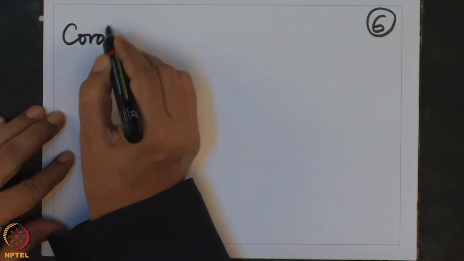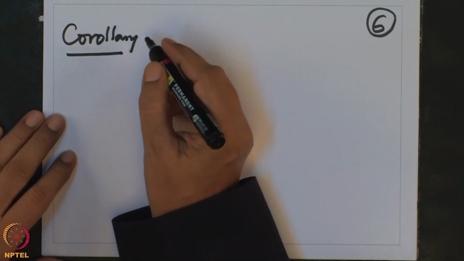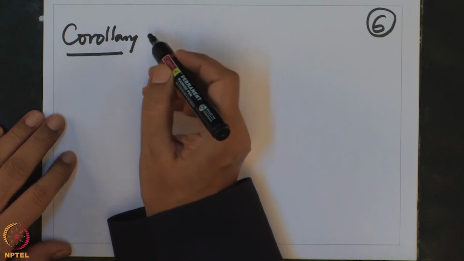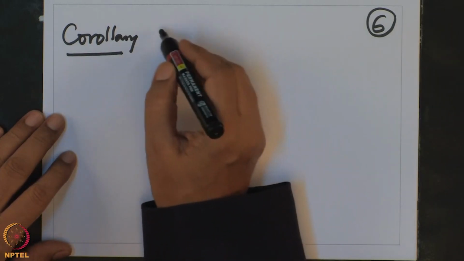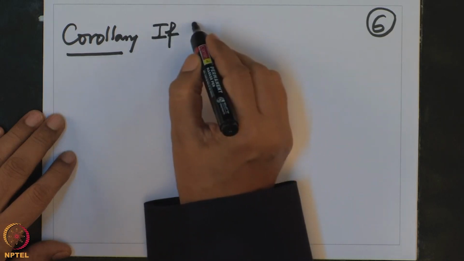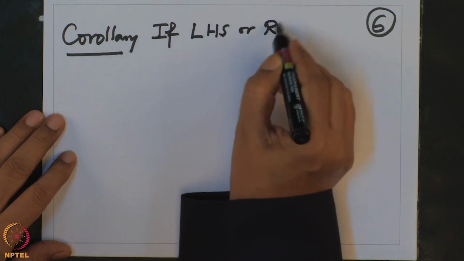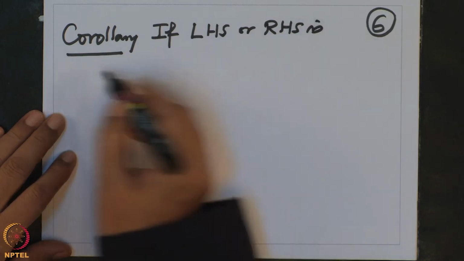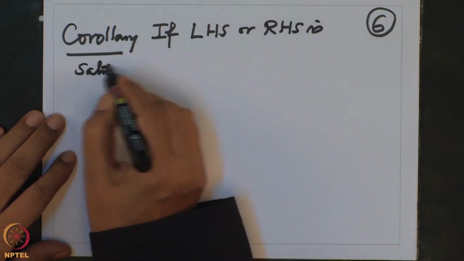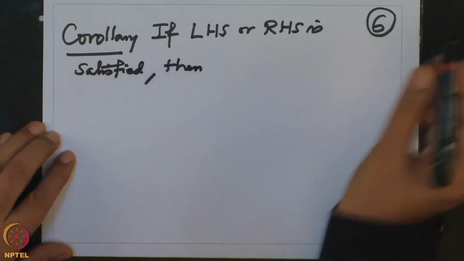So corollary, or moreover, let me write it as a corollary. In this case, if LHS or equivalently RHS is satisfied, then in fact you can describe the associated primes.